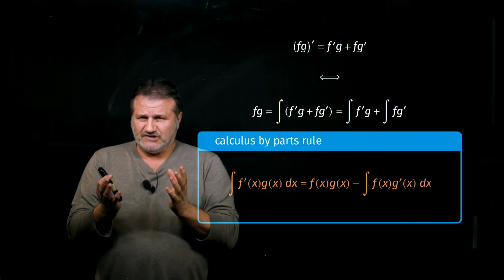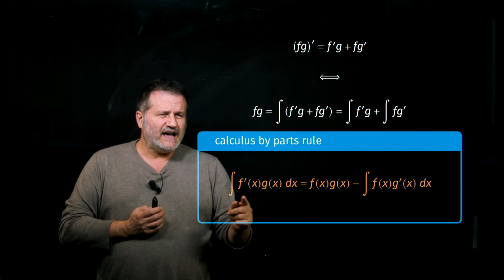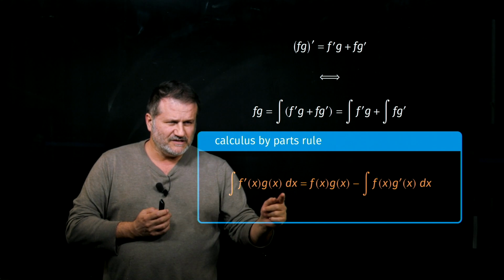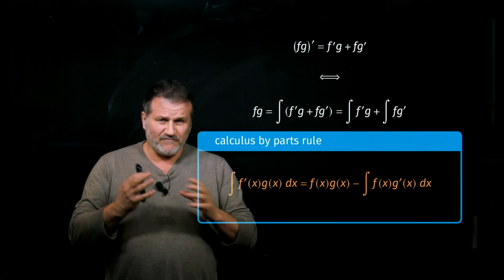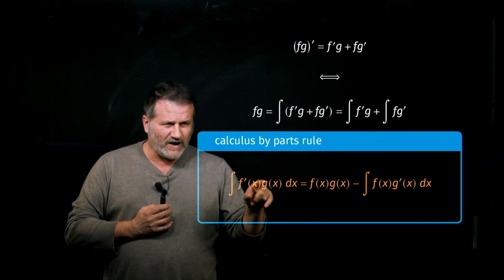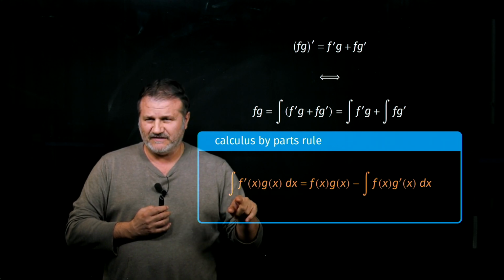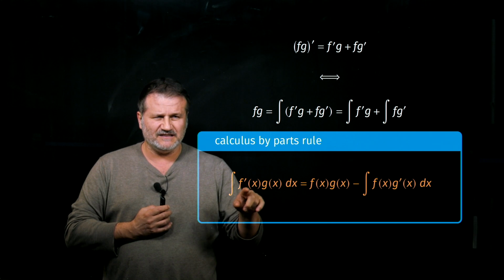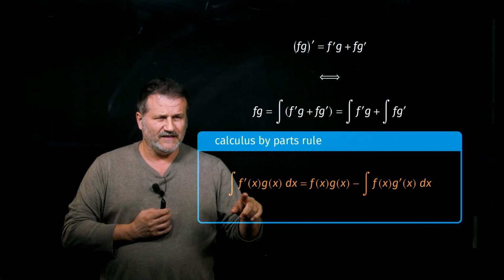Suppose that we have to compute a primitive and we recognize that our function in the primitive can be written as the product of two functions of which one of them is a derivative of something. In this case, it is the derivative of some function f.